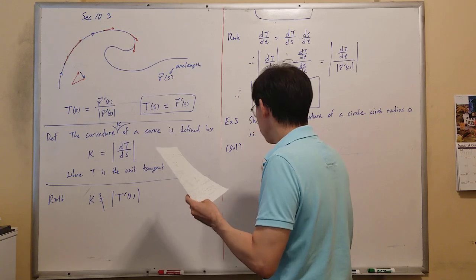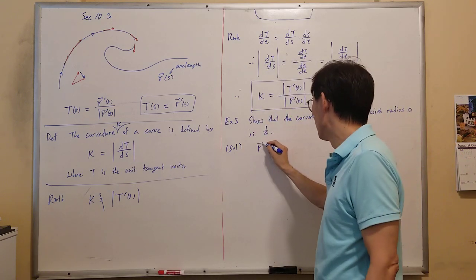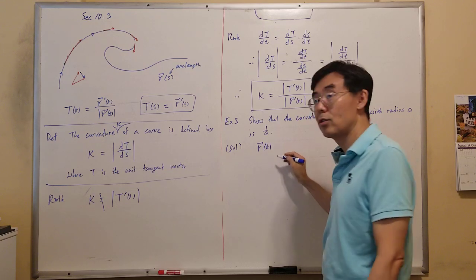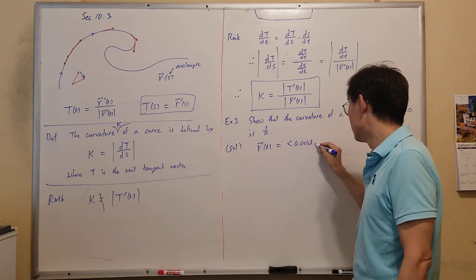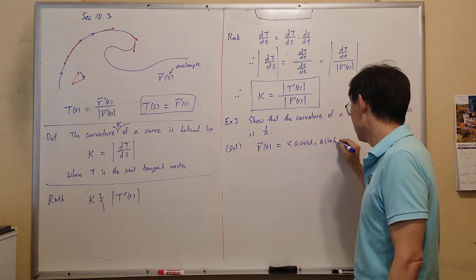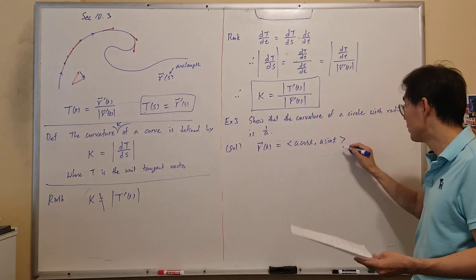Solution. So a circle with radius a. In section 1.7 we learned that that can be obtained by a cosine t, a sine t. Okay? We can do two-dimensional.